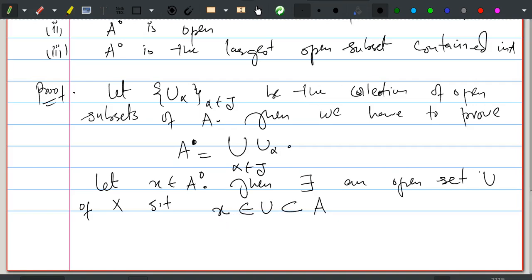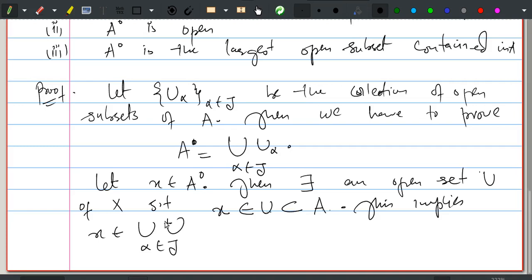Now x being in U and U being an open subset of A, this would imply that x is in the union, because this is the union of all open subsets contained in A, and here U is an open subset which is contained in A. So this is the trivial one.